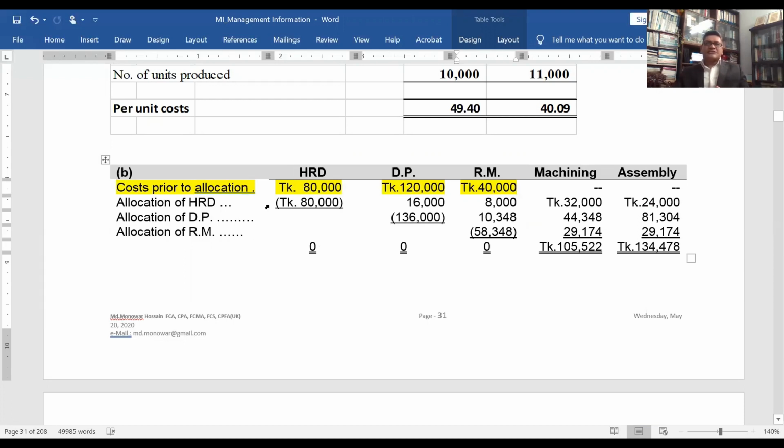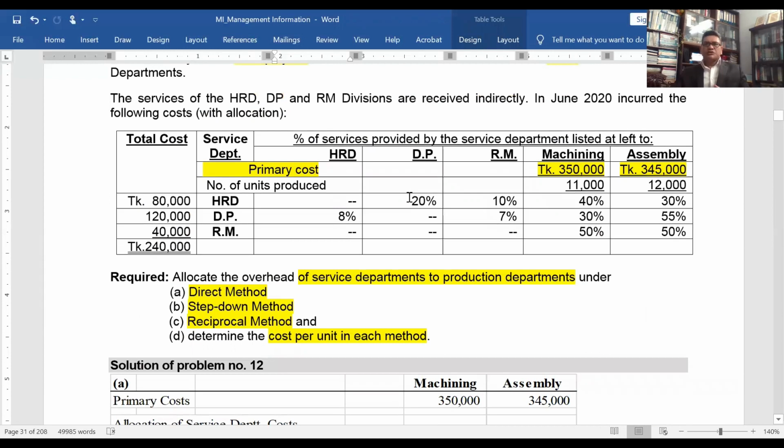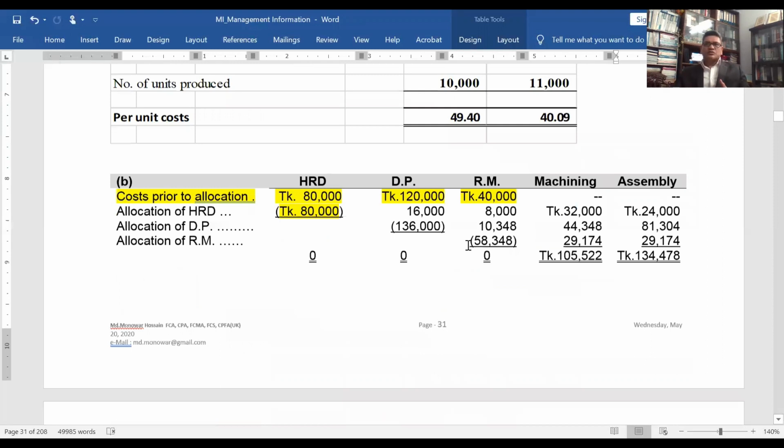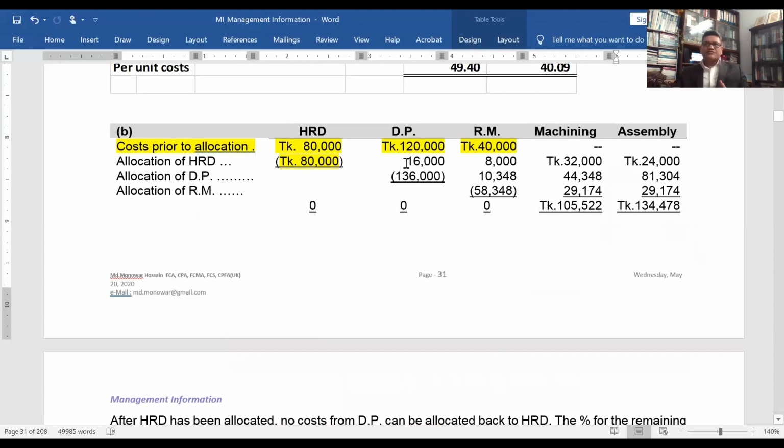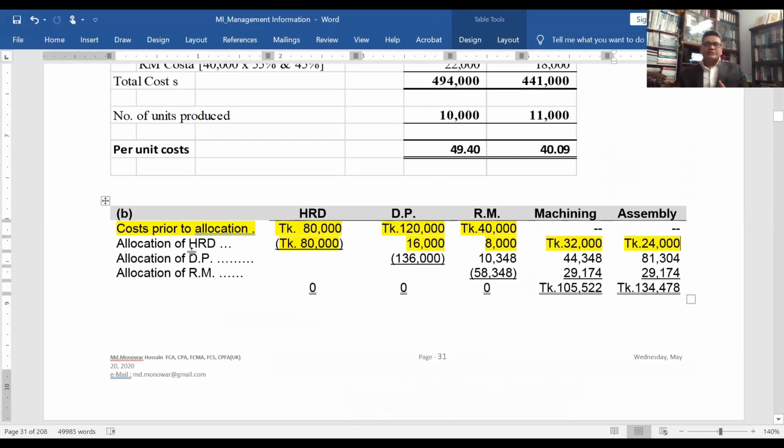And allocation of HRD cost 80,000: we have to divide it by 20% for data processing, 10% for risk management department, 40% for machining, and 30% for assembly. So this way, divide, and the total comes here. And here, HRD allocation is closed. So a step down method is that thing.